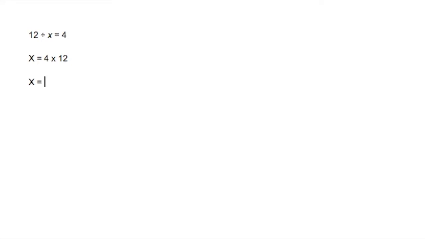Now that's not possible. If my problem was x divided by 12 equals 4, then sure, because my dividend would be larger, but in this case 12 is my dividend. And in any whole number division, the largest number is always the dividend. So x, my divisor, can't be 48. We know through logic that it has to be a much smaller number.